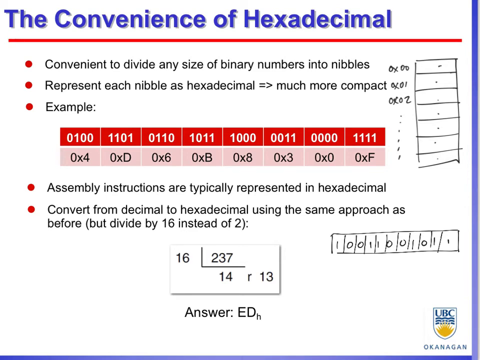And the convenience of hexadecimal is we can write this in very shorthand notation. I missed by 1, so I'm going to add one more bit there. We can divide this binary number into nibbles, so subsets of 4 bits. And then all we have to do to convert this to hexadecimal is substitute the hexadecimal digit for each nibble.